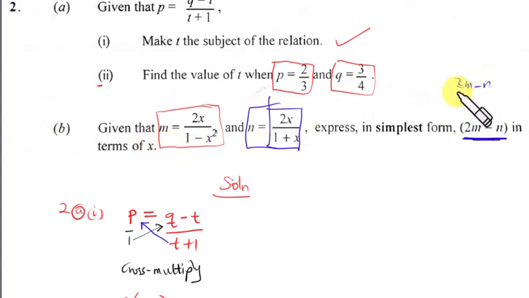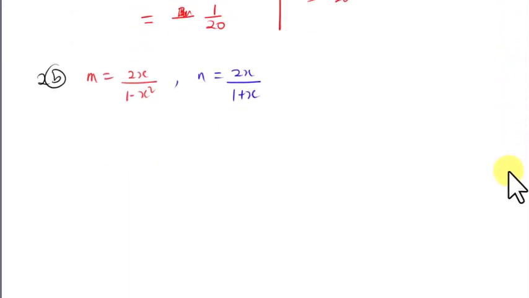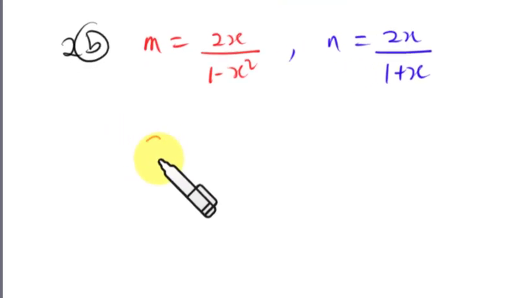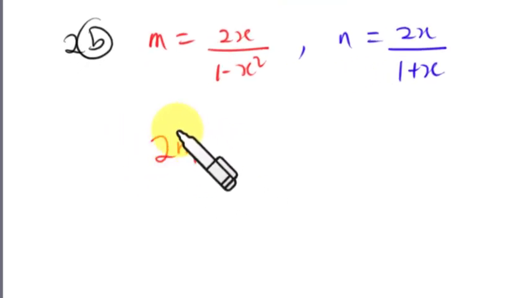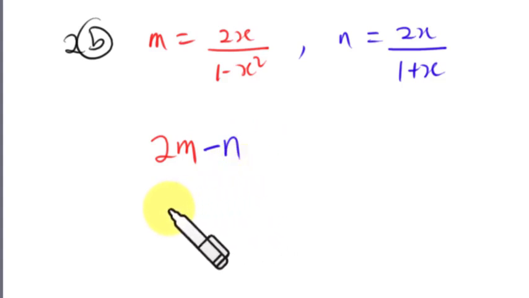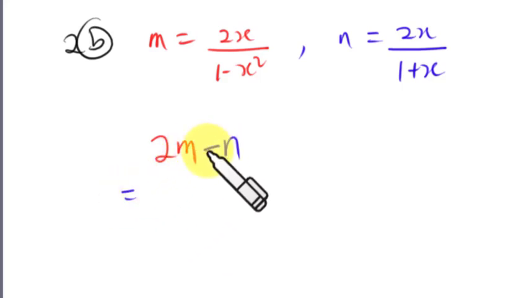That is to say, we have to substitute something into m and n such that we will have x there. So that's what we're doing here. We are to simplify 2m minus n, and it should be in terms of x. So that means we should have x instead of m and n here.